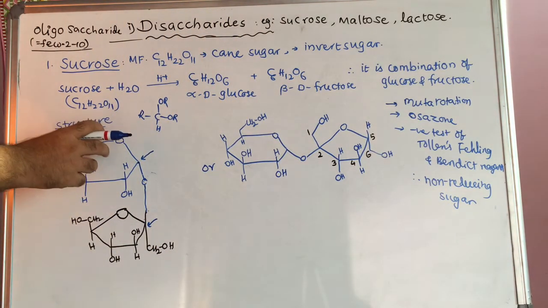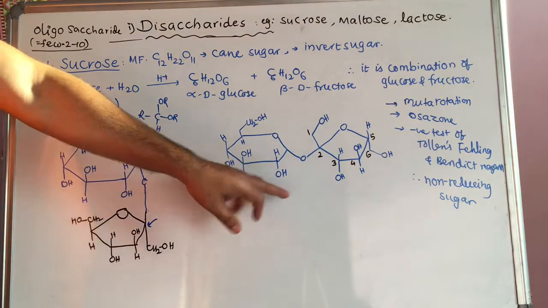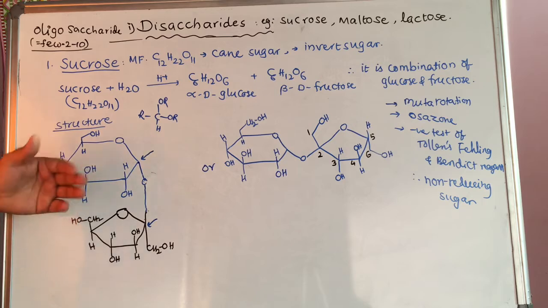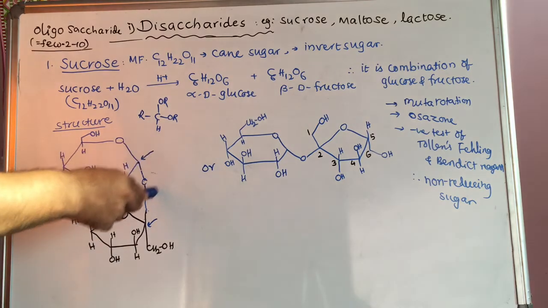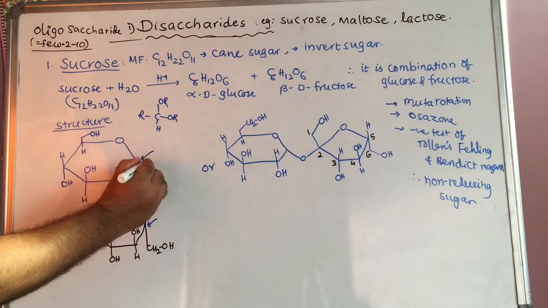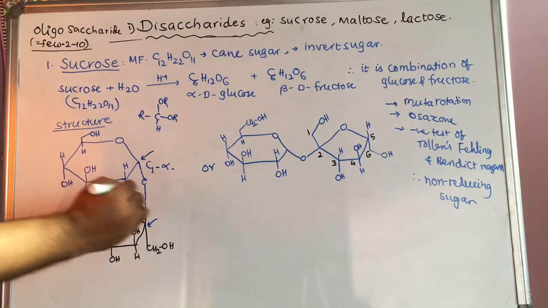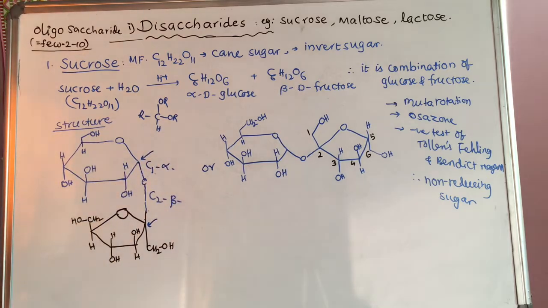This is an easy structure to write in an examination. Many times it is asked at the state board level. This easy representation is given in the textbook, and this other one is not in the textbook. So it has two glycosidic bonds. This is C1 of alpha glycosidic bond, and this is C2 of beta glycosidic bond.